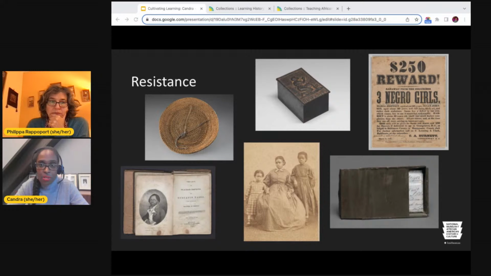All across slaveholding states, there were laws called slave codes that restricted many aspects of an enslaved person's life, such as their ability to travel, to marry, to gain education, how they were able to have employment, as well as whether or not they were able to engage in religion, to enjoy leisure, to enjoy music, etc.